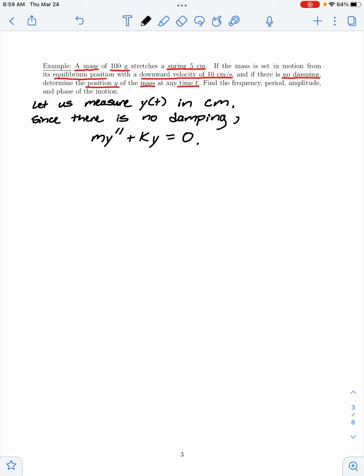And we need to determine the mass m and our constant k, the stiffness of the spring. Now in the problem statement, we're given the value of m. Our mass was 100 grams. And so we just need to find k. To determine our value of the stiffness k, we're going to use Hooke's law.